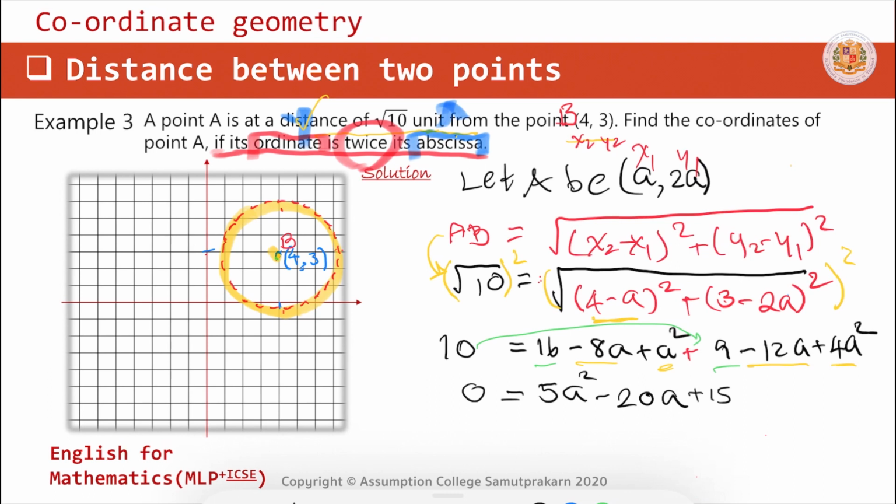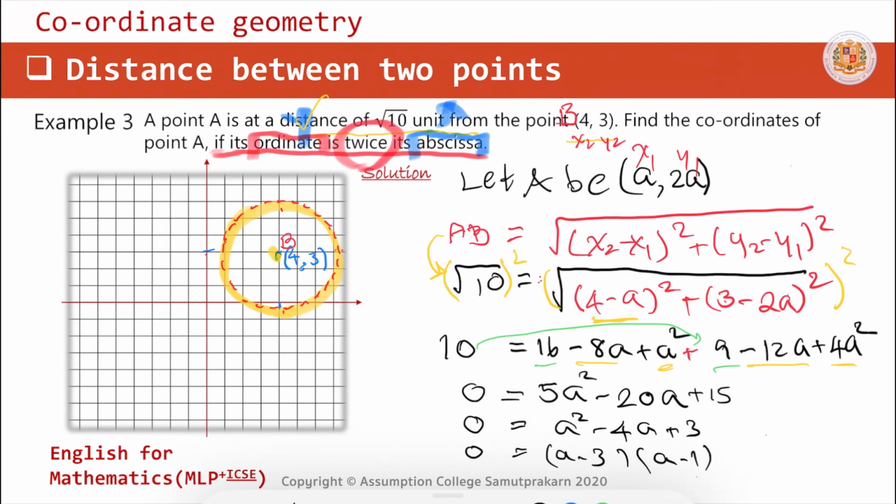So you're going to get 0 equal to a squared minus 4a plus 3. And we're going to solve this quadratic equation by factorization if we can. And just come up with something like this: a minus 3, a minus 1, and then it's equal to 0.